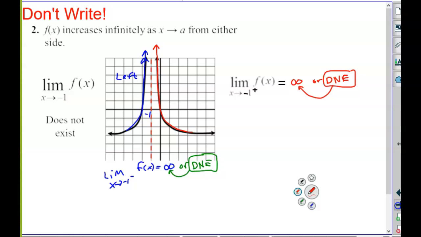But notice, technically, will my left-handed limit ever reach my right-handed limit? Not really. They're both headed in the right direction, but they're never going to touch. So that's why we would say the two-handed limit here does not exist, because they physically aren't ever going to reach the same spot. They're approaching it, but they'll never get there.